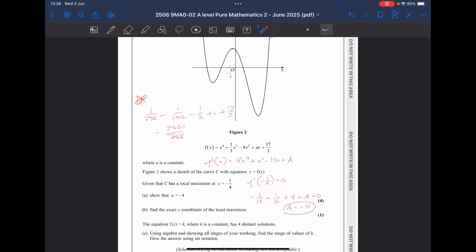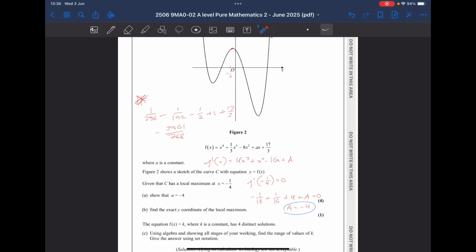Then we've got a third of negative a quarter, all cubed, negative 192, that's good. Negative 8 times negative 0.25 squared, negative a quarter. Negative 4 times by negative 0.25 is 1. And 17 on 3 is 17 on 3.